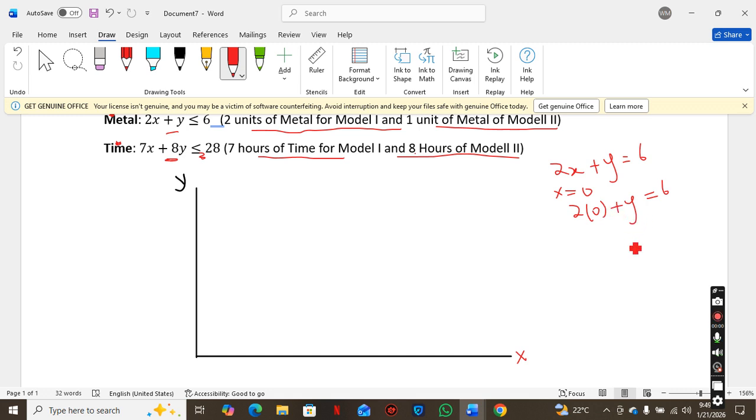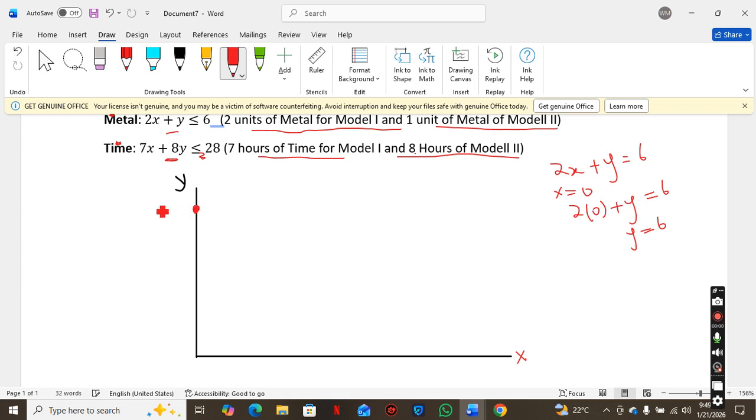So when x equals 0, y equals 6. Okay, so when we don't use any metal for model 1, we can use all the 6 units of metal for model 2. So this y equals 6, this is going to be our first point here.